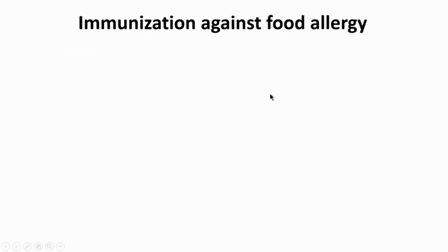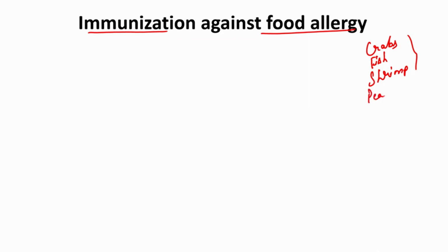Okay. So, let us look at one example of how this was used in one of the papers. We are talking about an immunization against food allergies. Food allergies are fairly common. You find that a lot of people have certain restrictions on what they may or may not be able to eat, especially something like crabs, fish, shrimp, these things elicit quite a bit of allergies, and it does not have to be a non-veg food, it can also be something as simple as peanuts.